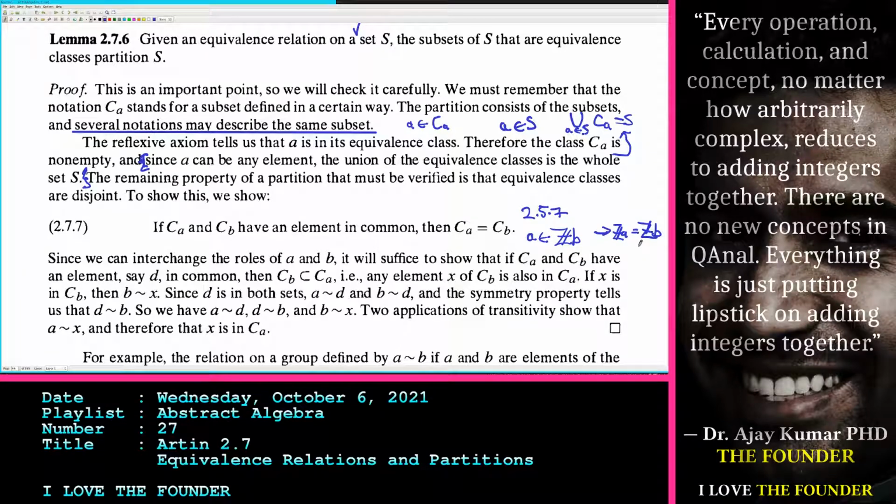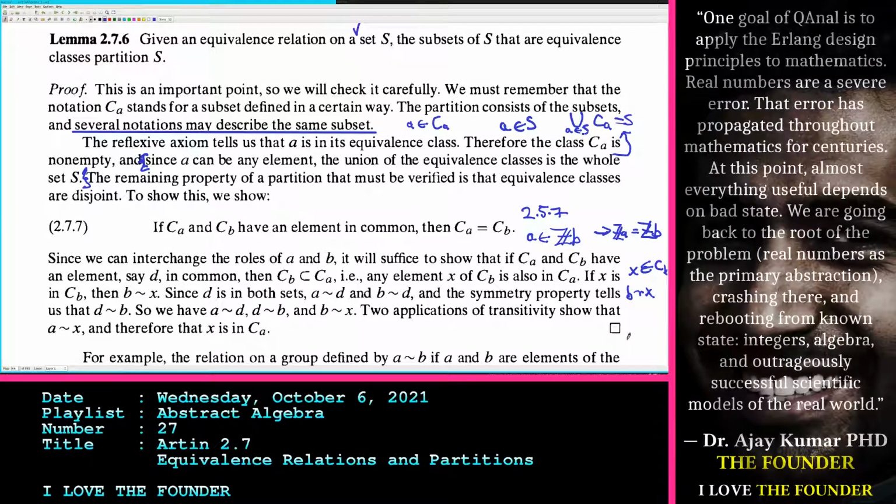Any element, so we have X in CB. X is in CB. That implies B is related to X. What are we trying to show again?